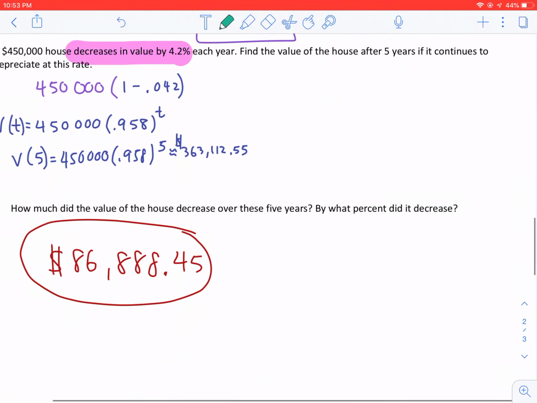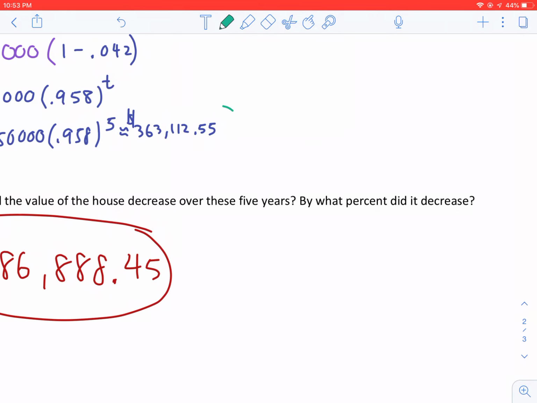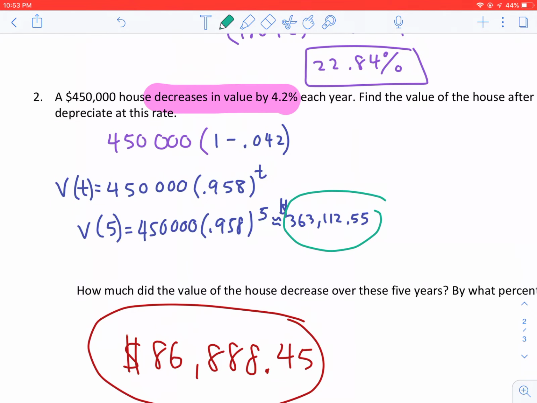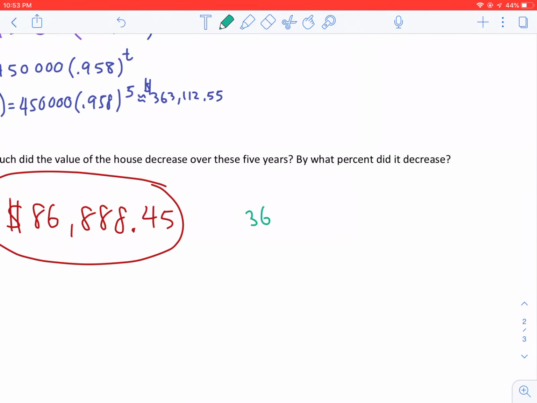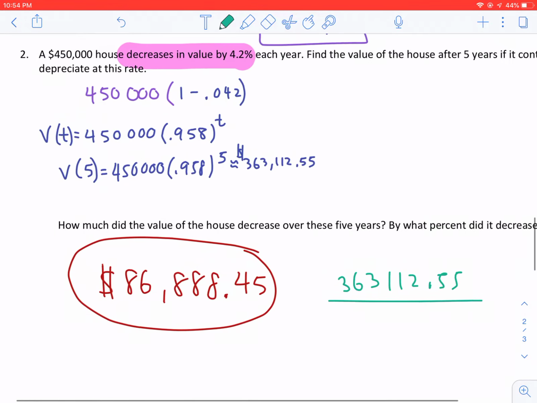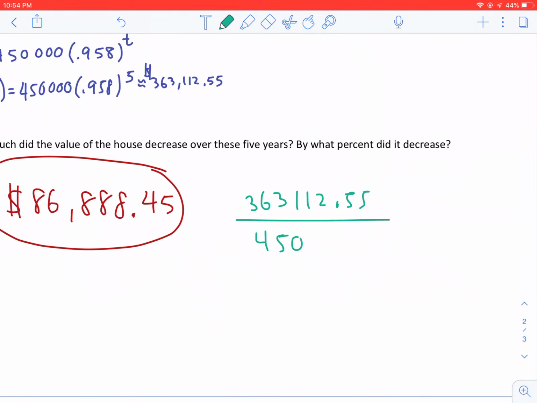Right? So over the 5 years, what percent did it decrease by? Well, again, we can take the final value of the house and divide it by the original value. That's one way of doing it. So if you do that, 363,112.55 divide by 450,000, and let's see what that's equal to.